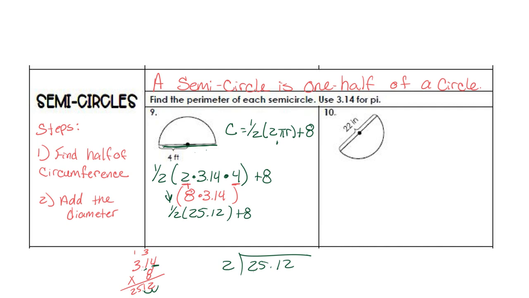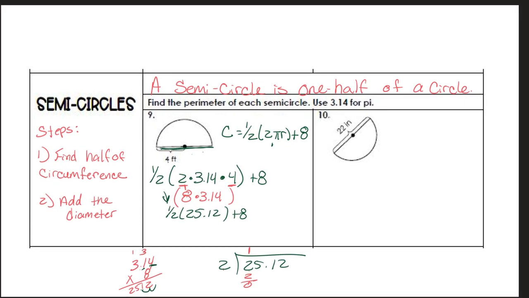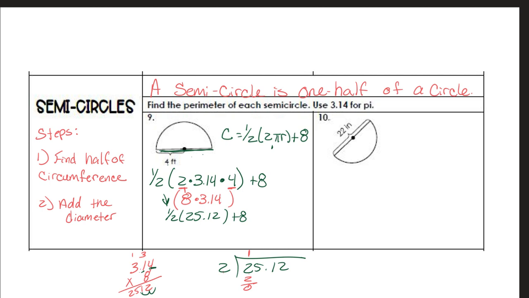So 2 goes into 2 one time. I'm going to run out of room if I do that here, so we'll move it over here because we're not going to use this problem. 2 goes into 5 2 times, and 2 times 2 is 4. Minus 5 gives me 1.